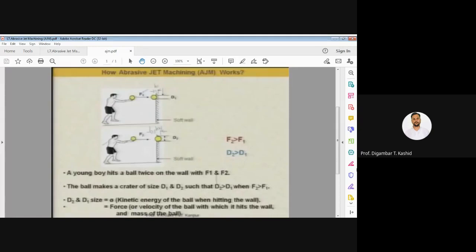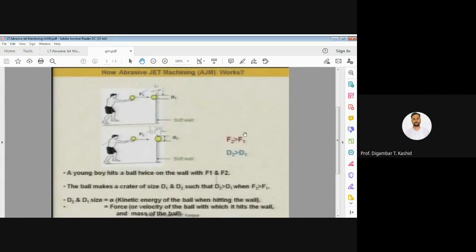Let us see this very interesting picture. You can see on the slide, there are two persons, and they are throwing a ball on the wall.